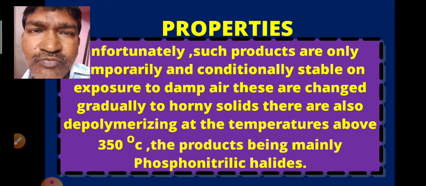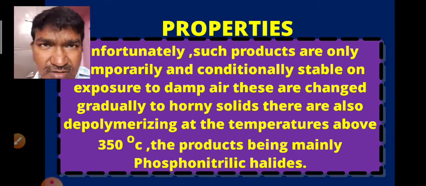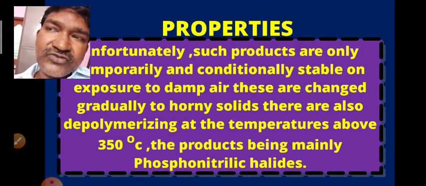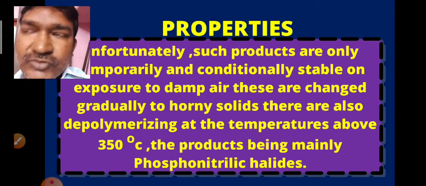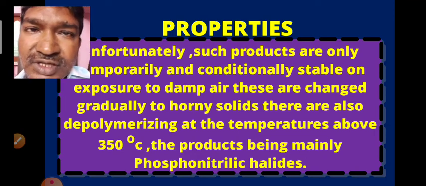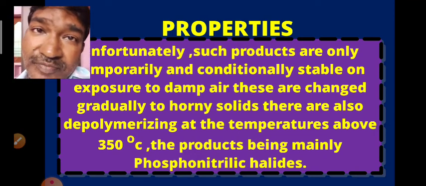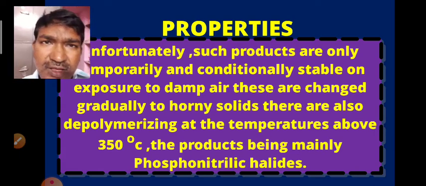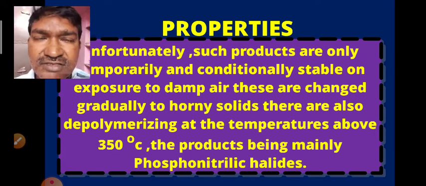You know very well that when the temperature decreases, the movement of the molecules decreases and they become rigid. So as a result, in the winter they become hard. So here phosphogens have properties similar to natural rubber, and the properties of natural rubber are improved by a method known as vulcanization that we know very well.